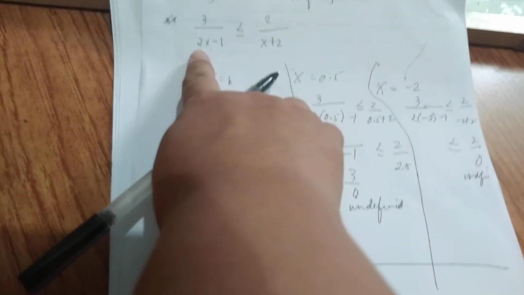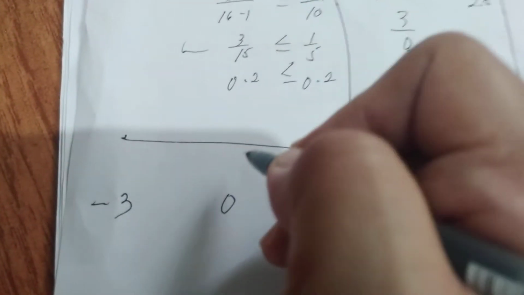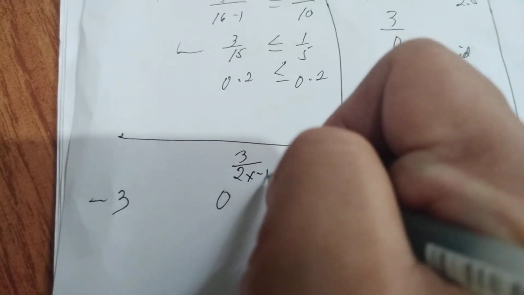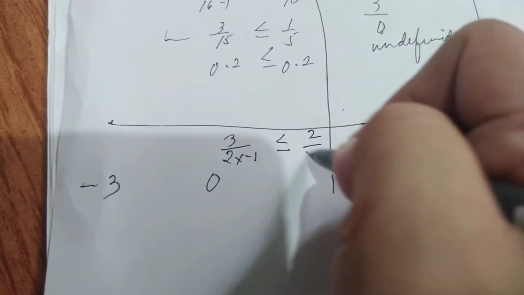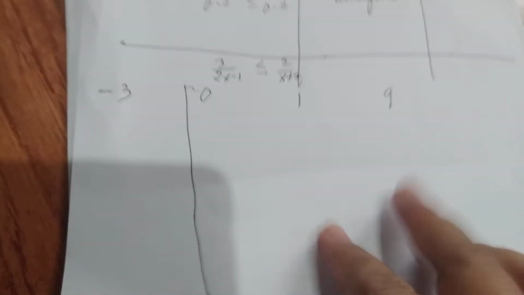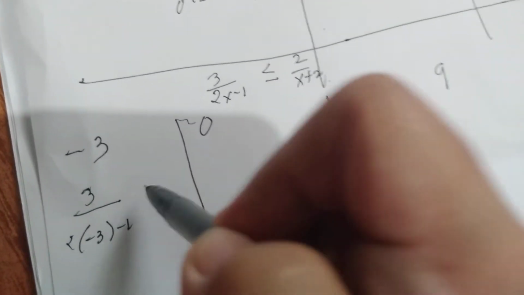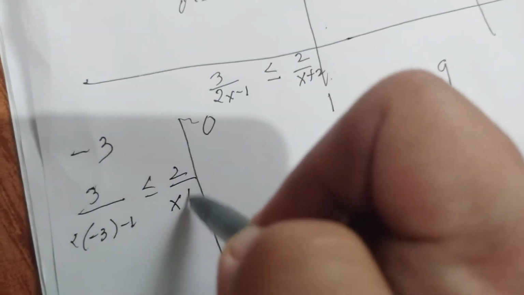And then, gamitin ulit natin ang original inequality natin. Rewrite ko na dito sa ibabaw. That's 3 over 2x minus 1 is less than or equal to 2 over x plus 2. So, itry natin ang negative 3. So, sa negative 3, that is 3 over 2 times negative 3 minus 1 is less than or equal to 2 over negative 3 plus 2.